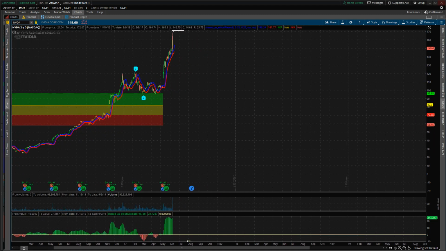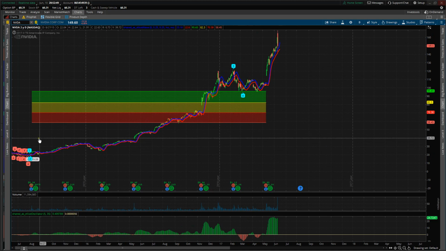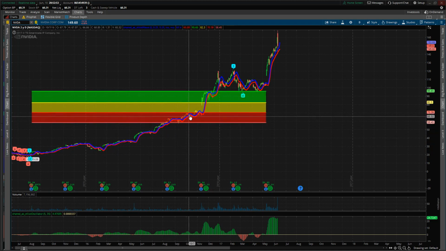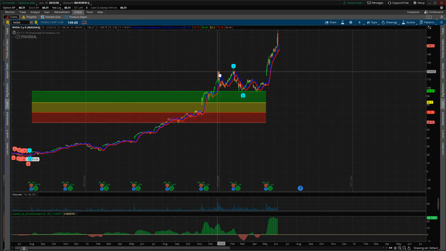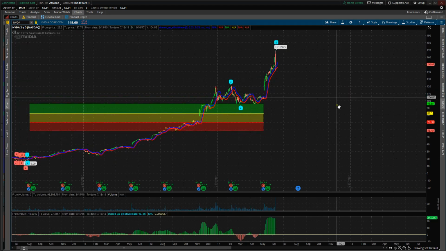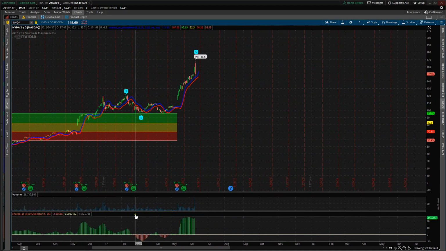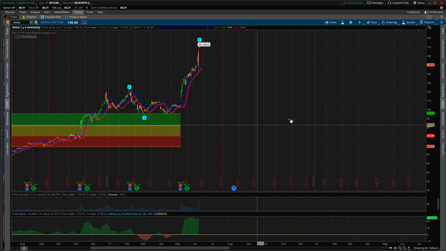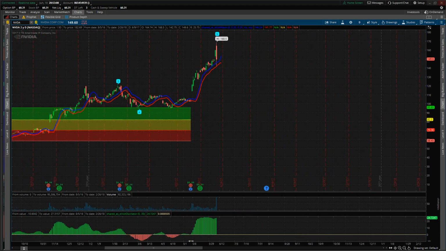But what we can do longer term, because we've got such a long wave 3 here, which is right in theory. The wave 4 did pull back, and then we had this other big move with a gap. So let's have a look at isolating something here, because it's just been one big move.